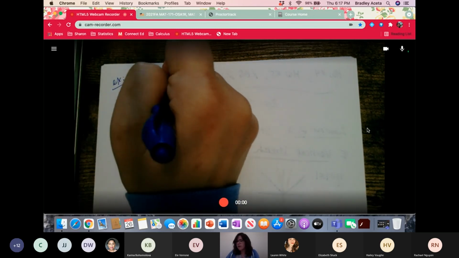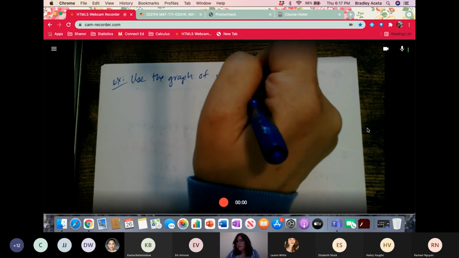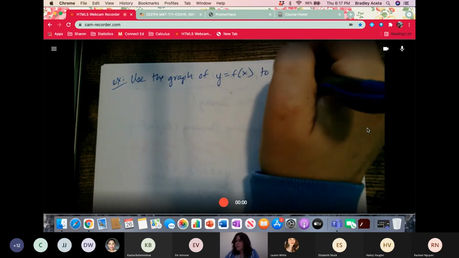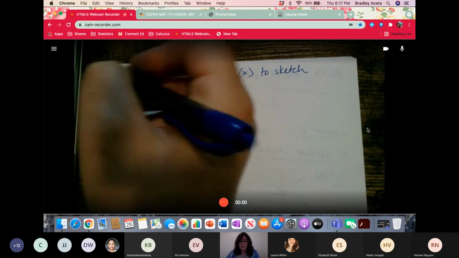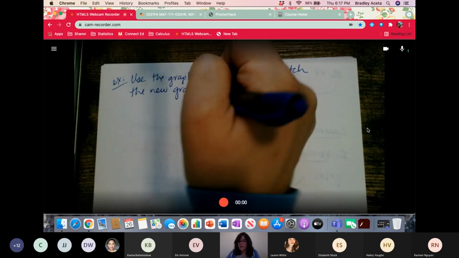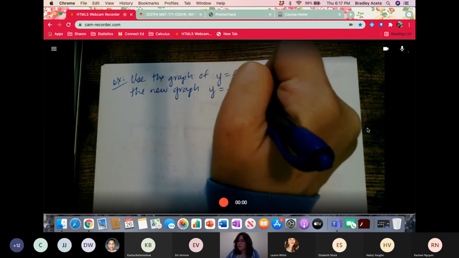They're going to say, use the graph of y equals f of x. They're just calling it f of x to sketch the new graph y equals f of 1/2 x.